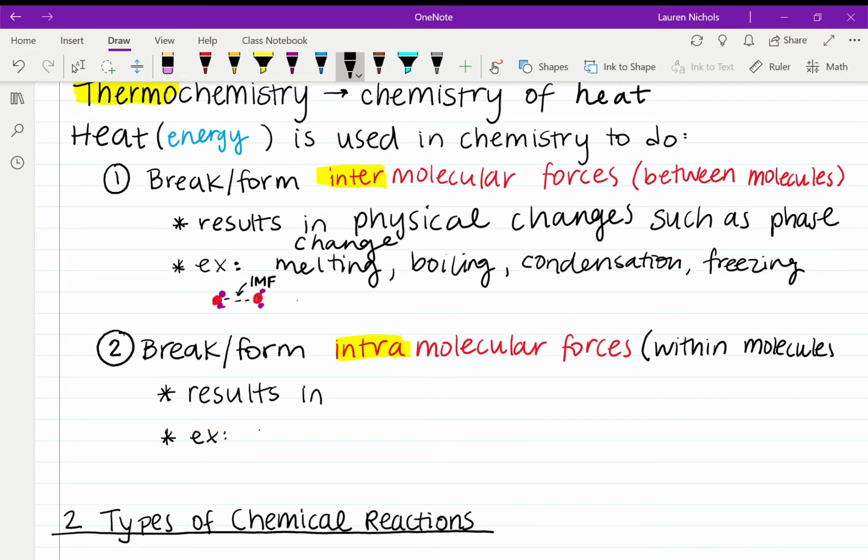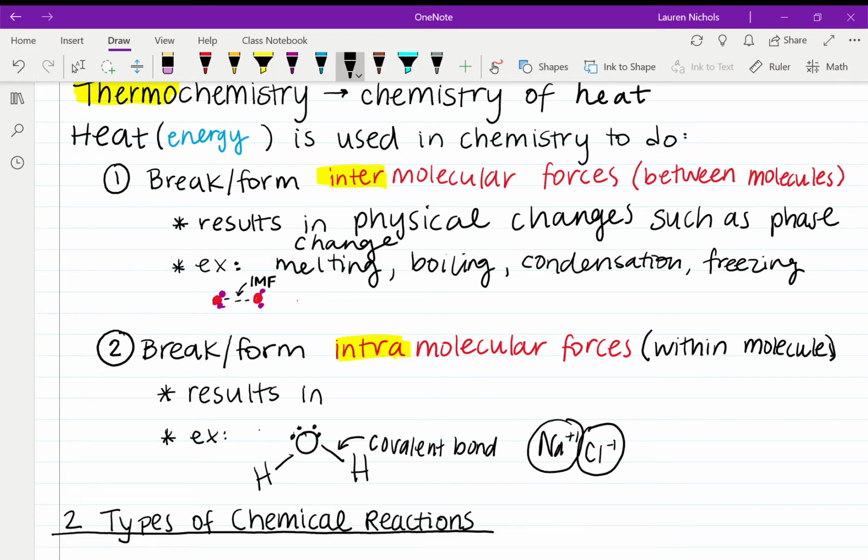For example, when I look at water a little closer, we have two hydrogens attached to one oxygen. Remember, this line represents a covalent bond. And some compounds like sodium and chlorine, because they're positive and negative, have an ionic bond. All of those are intramolecular forces.